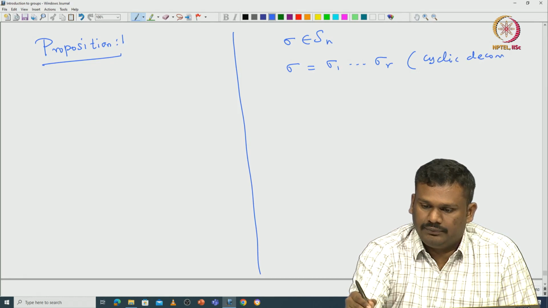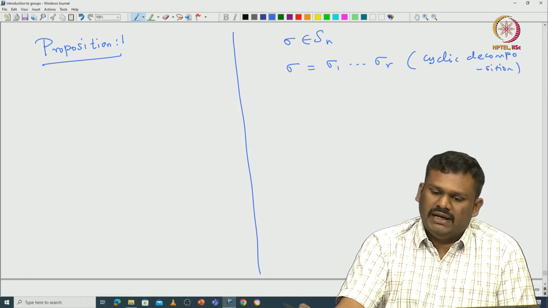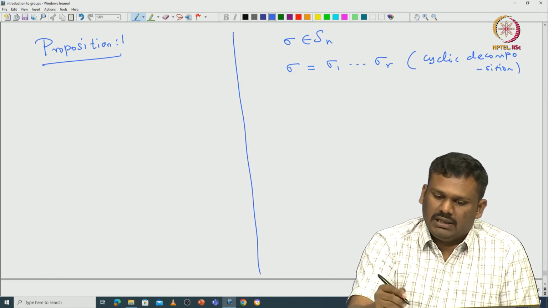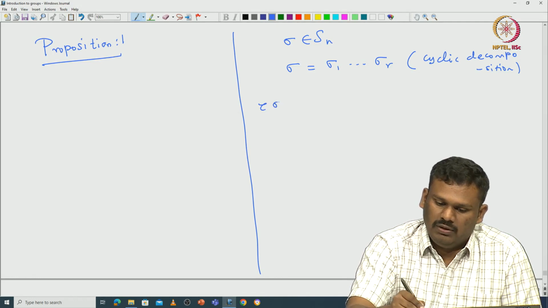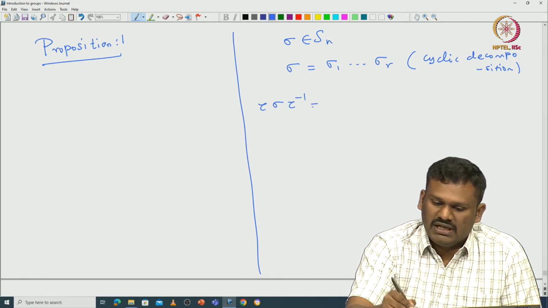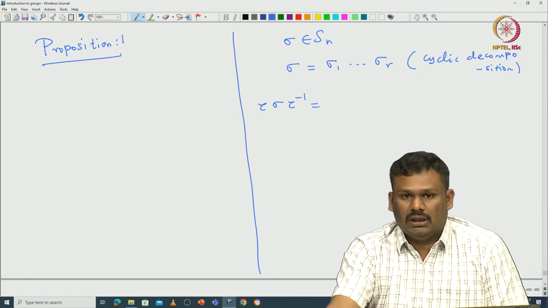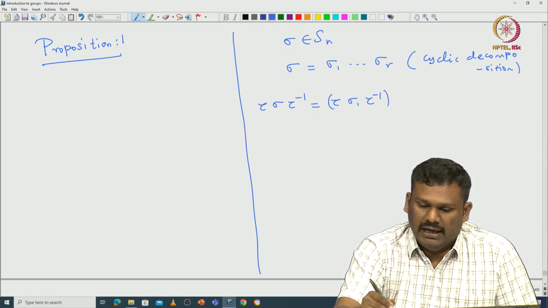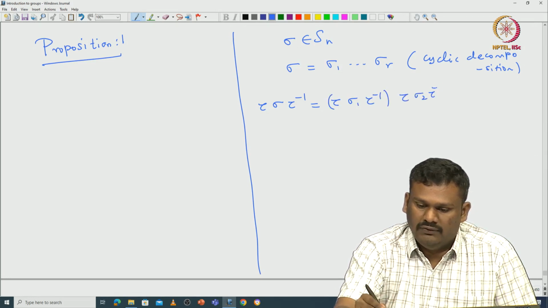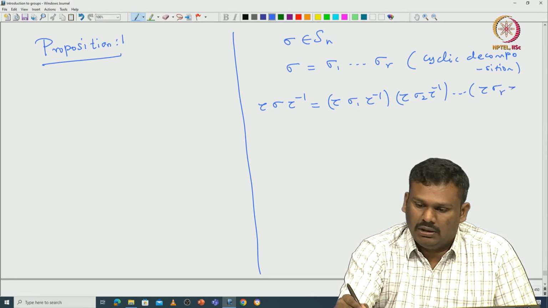Let us say we are interested in a particular conjugate of sigma, tau sigma tau inverse. Then this can be rewritten as the product of tau sigma 1 tau inverse times tau sigma 2 tau inverse times etc. times tau sigma r tau inverse.